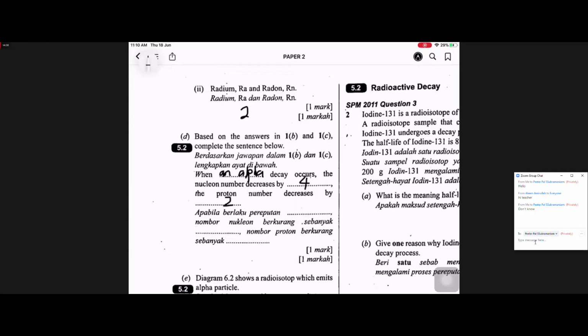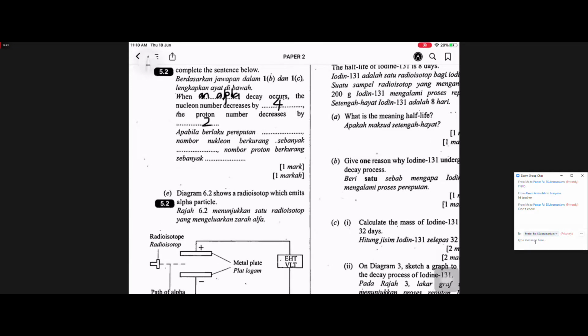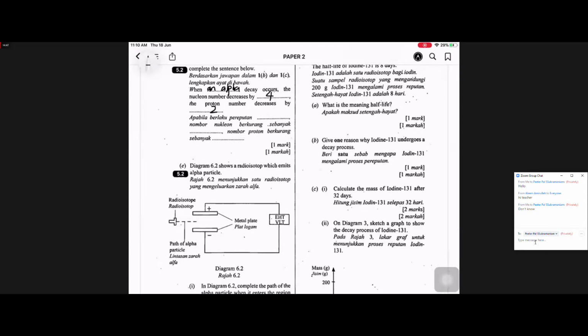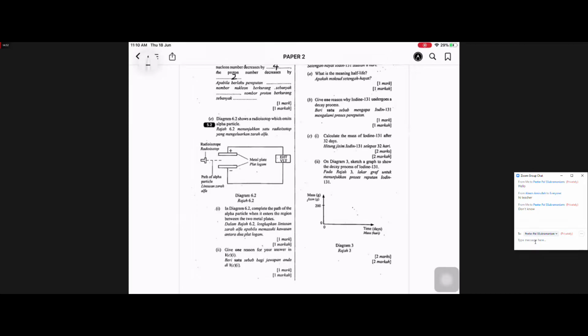All right. When an alpha decay occurs, the nucleon number decreases by 4, proton number decreases by 2. Okay, any question? Anyone, any question? Okay, now see here.